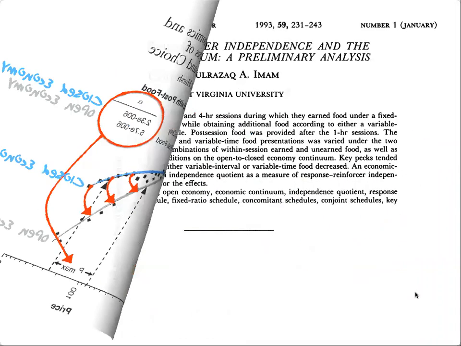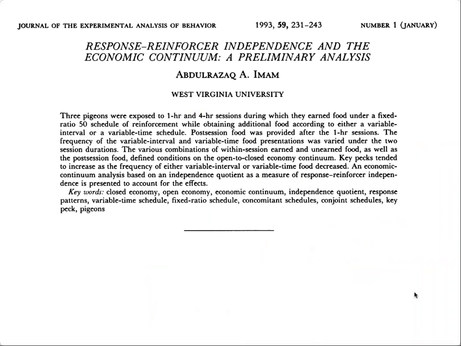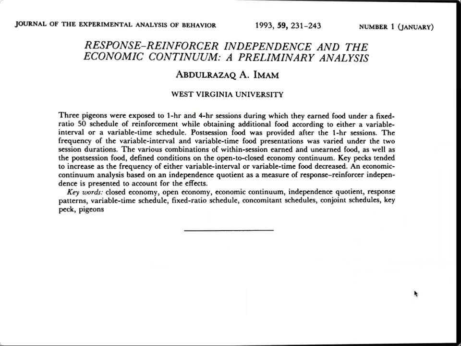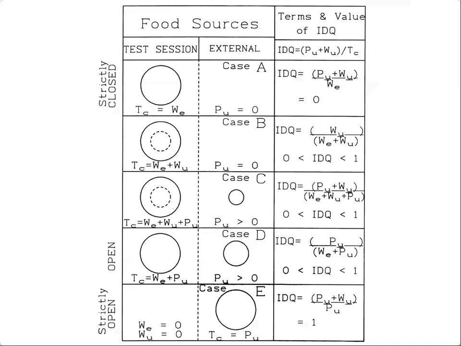Okay. This is just a quick tip for you. This is a great paper that is really underappreciated. This is by Imam in 1993 in the Journal of the Experimental Analysis of Behavior. And he basically offers a theoretical account of ways we can quantify the openness of an economy type. And I just want to put this here so that you can look it up on your own.